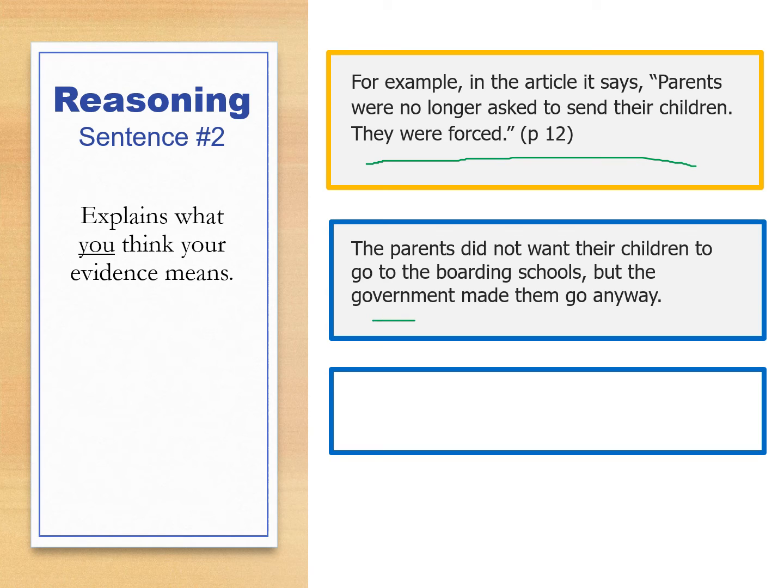And then we had reasoning sentence number 1 where I restated it in my own words. So we've got this second reasoning sentence where I have to say what I think it means.